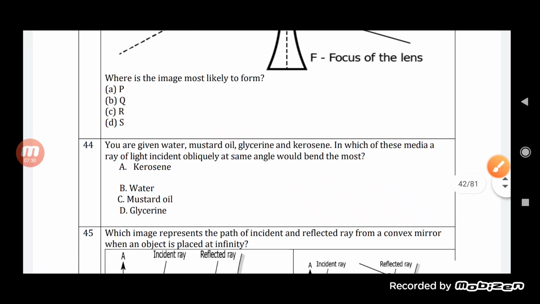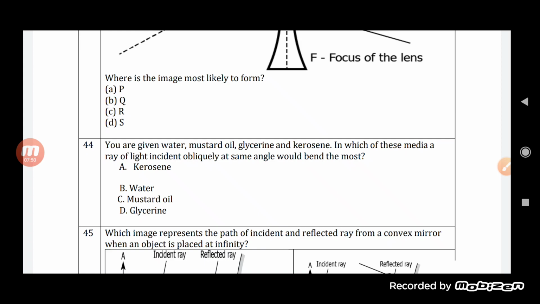Next one is that you are given water, mustard oil, glycerine and kerosene. In which of these media would a ray of light incident obliquely at the same angle bend the most? So we have water, mustard oil, glycerine and kerosene.